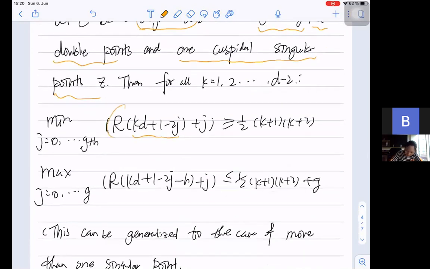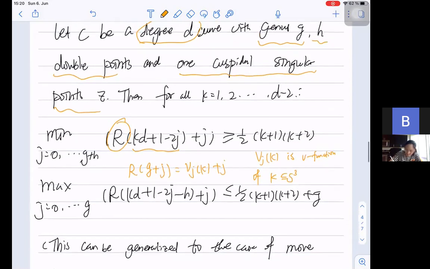Here, this R is defined as follows. R is a function defined over Z. You define R(G plus J) equals V_J of K plus J, where V_J of K is the V function of the knot K inside S3.